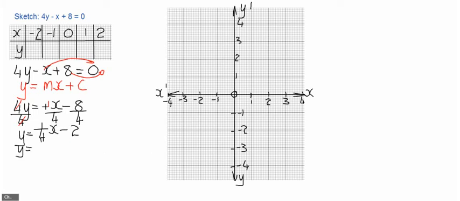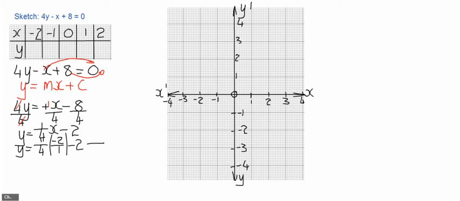y is equal to quarter x. The first value in the table is negative 2, so let's substitute negative 2 into x. Negative 2 is the same as negative 2 over 1, and we still have the minus 2.